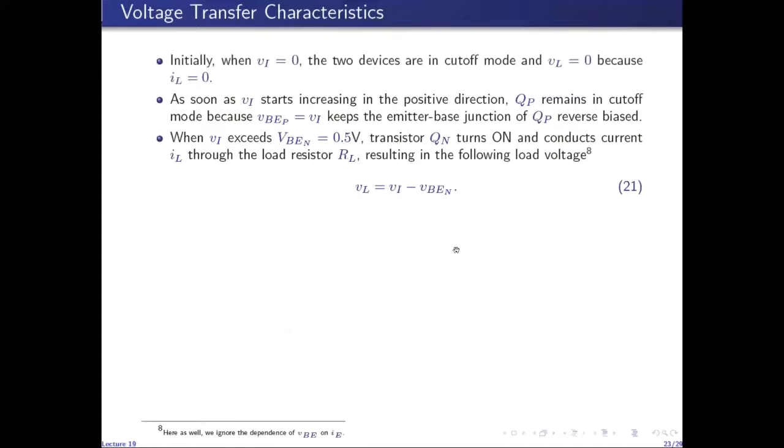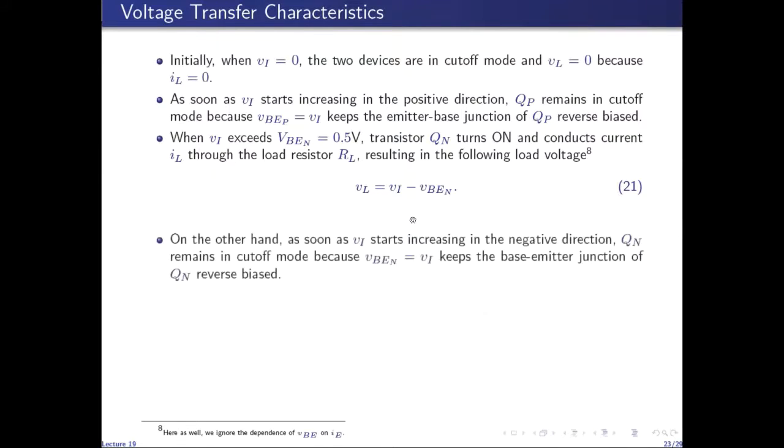So ignoring that dependence, we see that the load voltage is given as the shifted version of the input signal. So VL is Vi minus some constant, VBE of N, ignoring the small changes in the base emitter voltage of Qn.